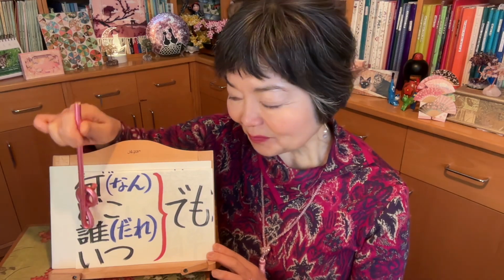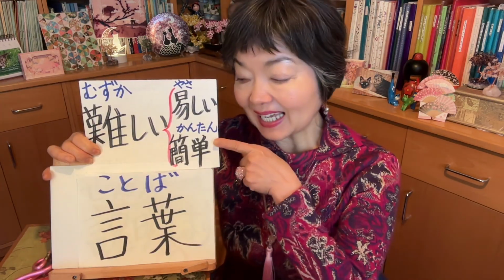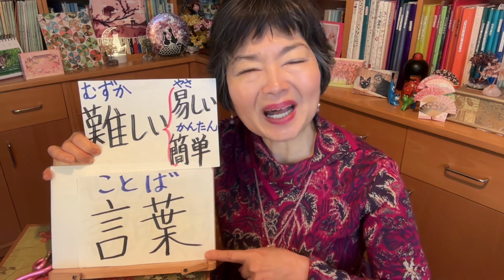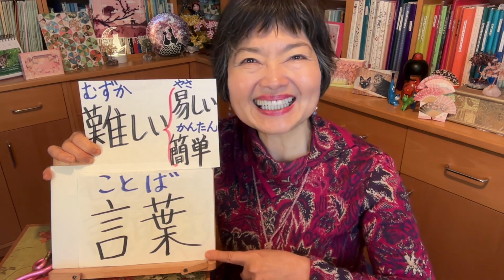Anyone, whoever. 誰でも。Easy words. 簡単な言葉。The verb to explain 説明します。2番目 I've been saving money from 3 years ago so that my daughter can study abroad next year.